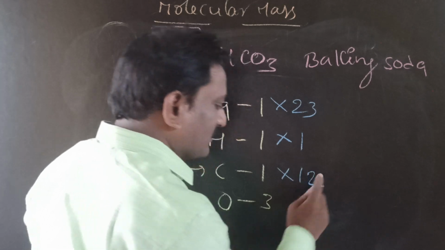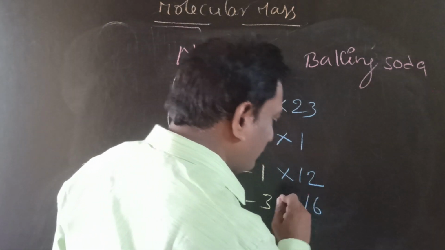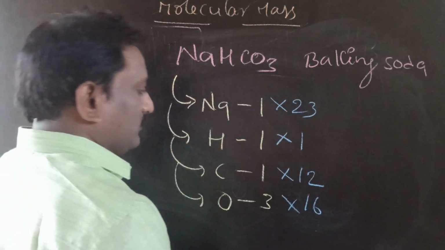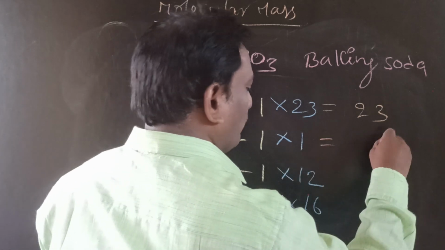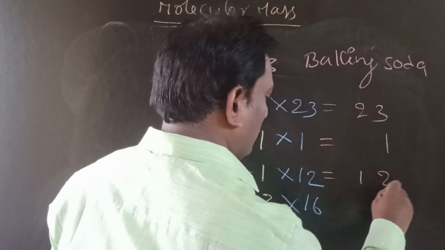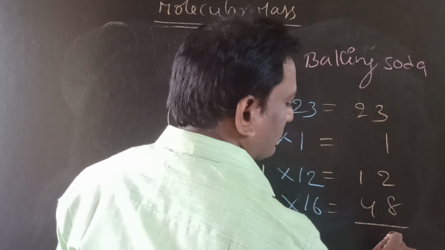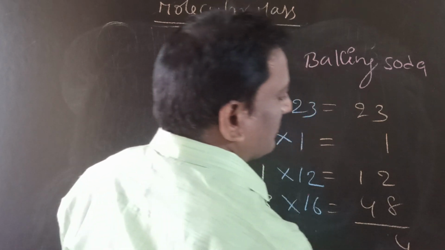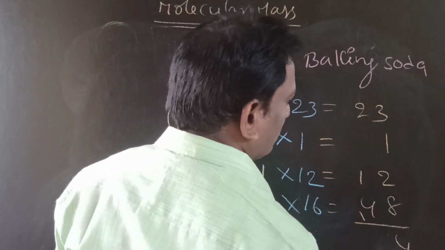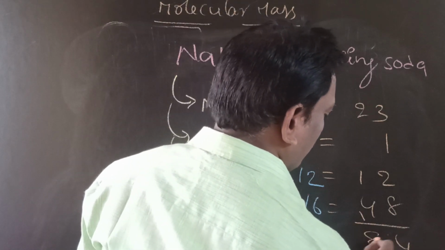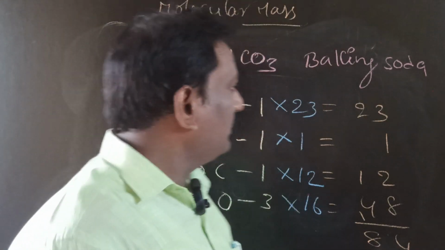Oxygen 16, very good, 16 times 3 is 48. So 23, 1, 12, 48. So 84 is the molecular mass of baking soda.